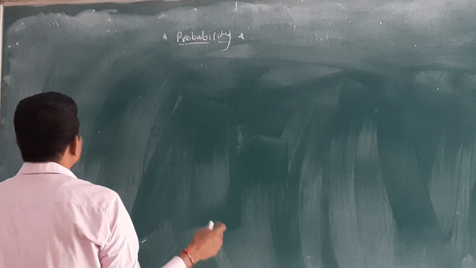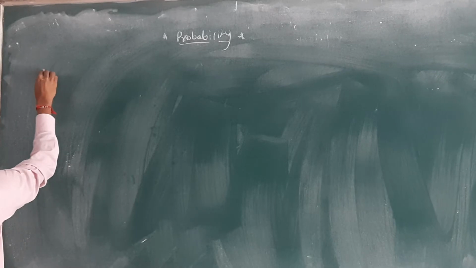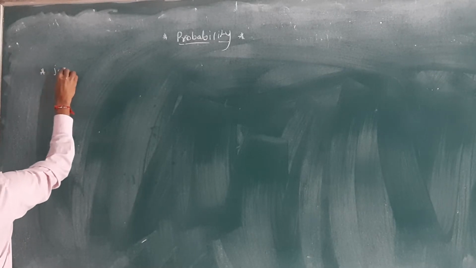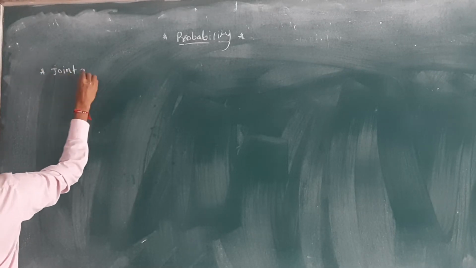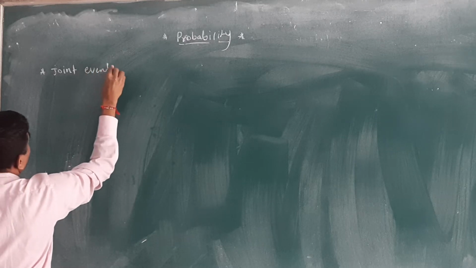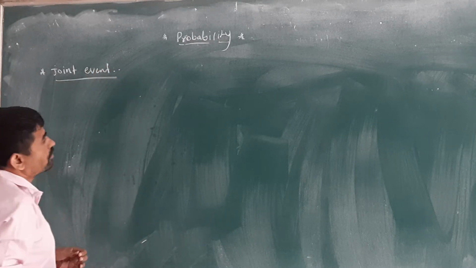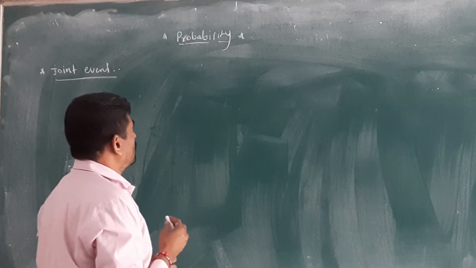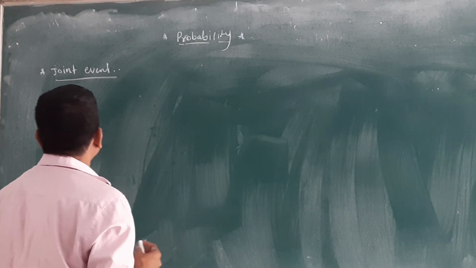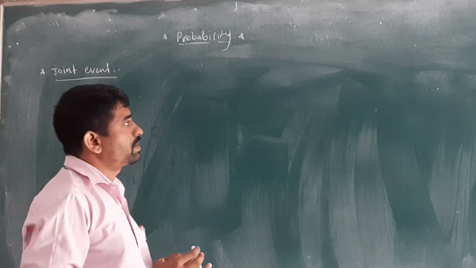First is a joint event. First, what is a joint event? Or we can say the joint probability. In the joint event there are two events.